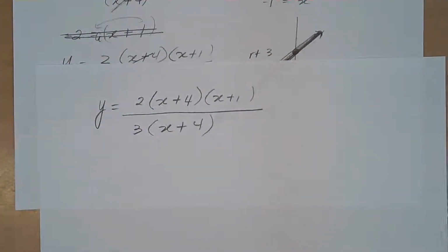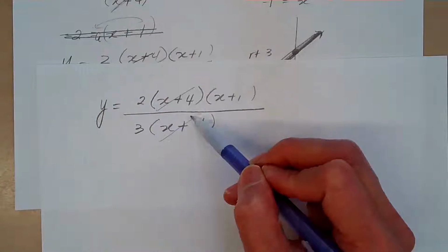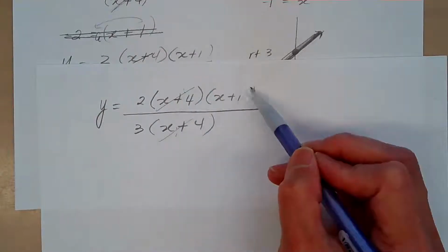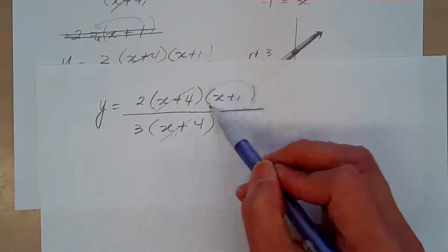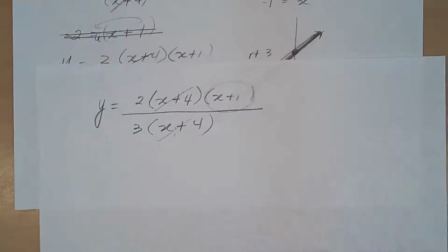The x plus 4 cancels still. That's your hole, and your y-intercept would still be x plus 1. This is a very specific answer, a very specific equation.